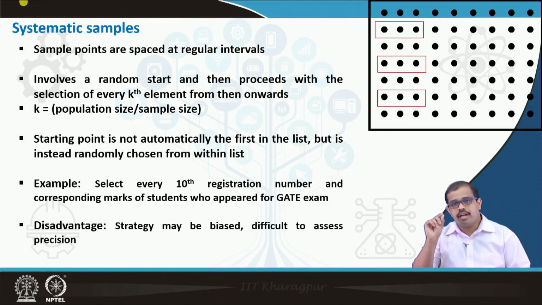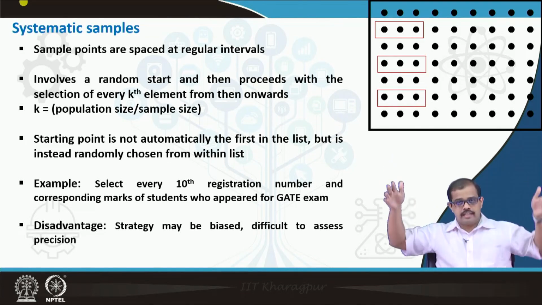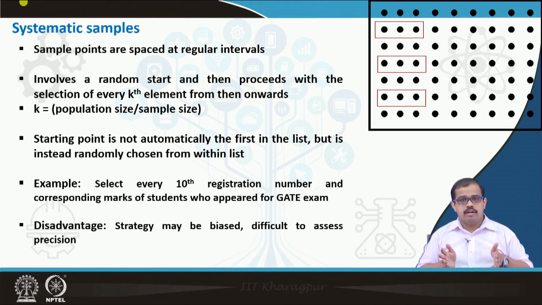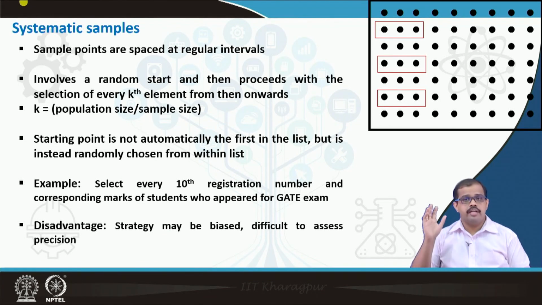Then how do you calculate k? It is the entire population size, which means the entire size from which you want to sample, divided by the sample size. So that is extremely important: the number of points that you are sampling, divided by your sample size.